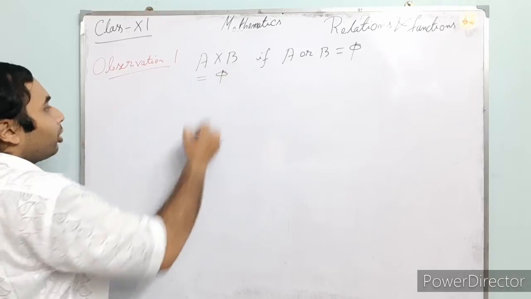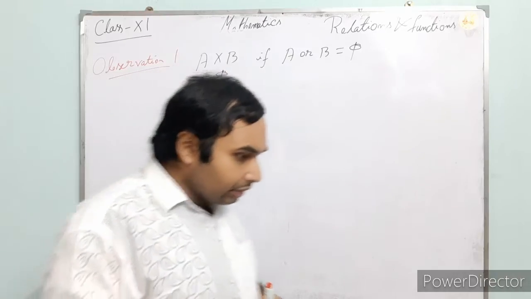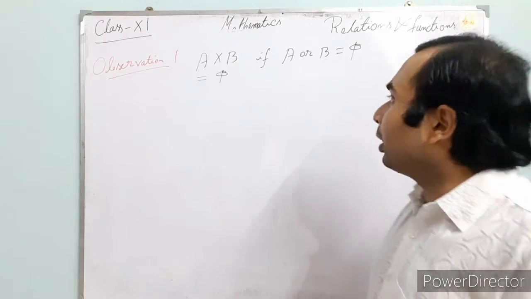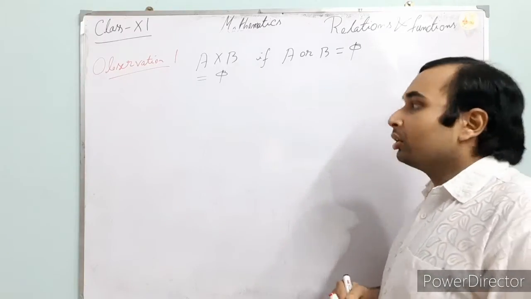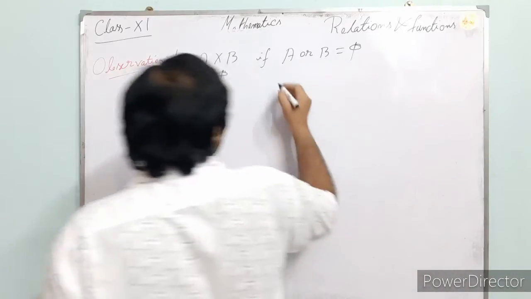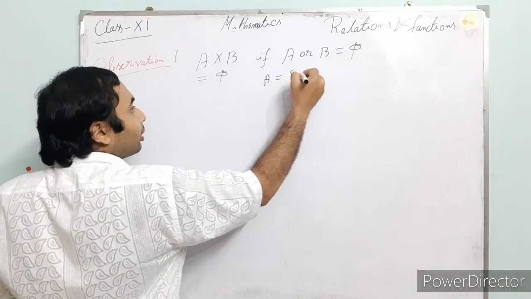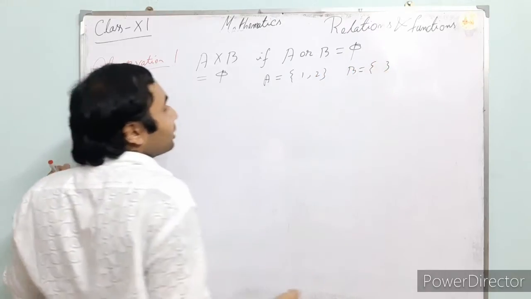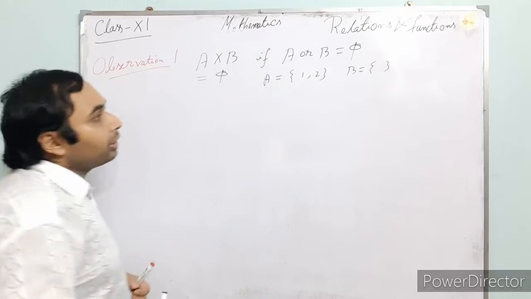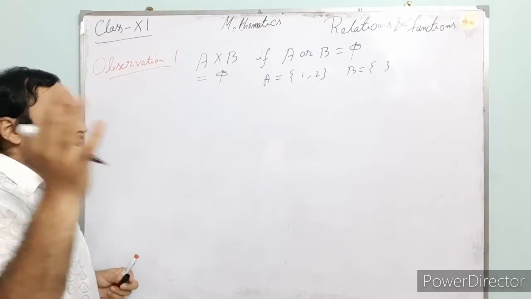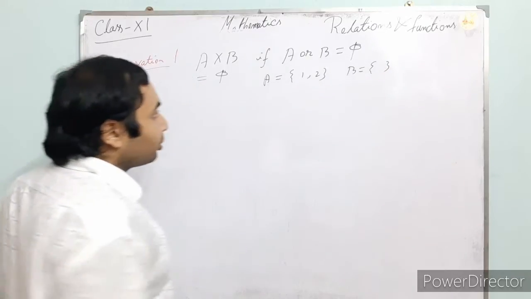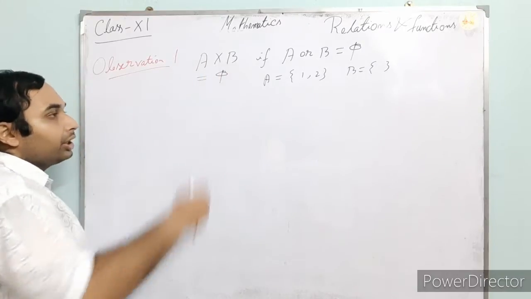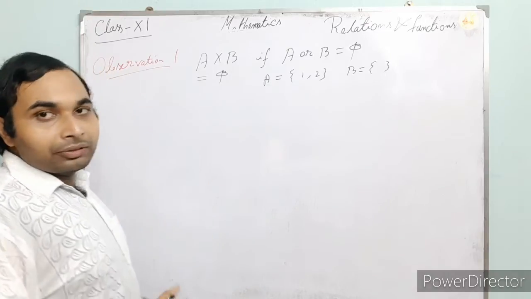A cross B will also be φ. Just a similar concept of 0. One number into 0 is always 0. If A is {1, 2} and B equals φ, that is nothing is there, so with whom will those elements be related? No elements are there, that means those cannot be related. So ultimately we are getting the null set only, φ set.